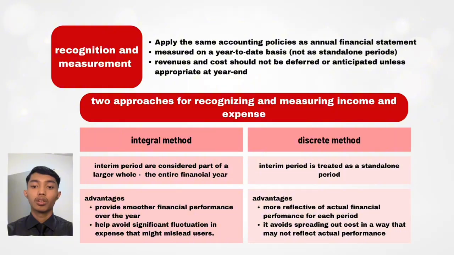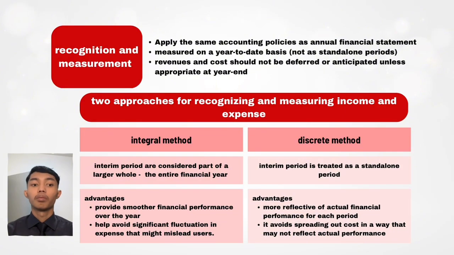Interim reporting is also prepared on a year-to-date basis, meaning the figures accumulate from the beginning of the financial year up to the reporting date, not as a separate standalone period. In addition, revenue and cost should not be deferred or anticipated unless such treatment is appropriate at year end. This means an entity cannot speed up or delay recognizing income or expense just to smooth quarterly results.